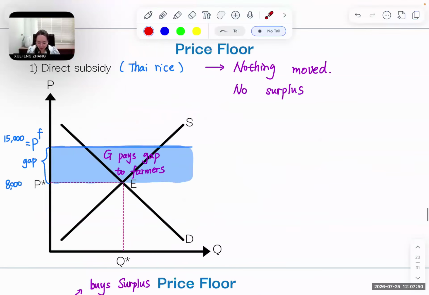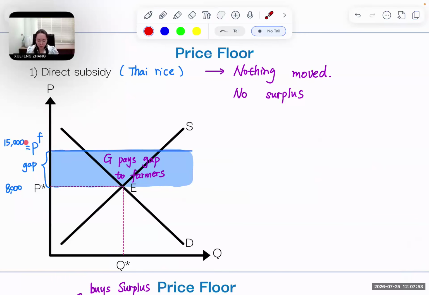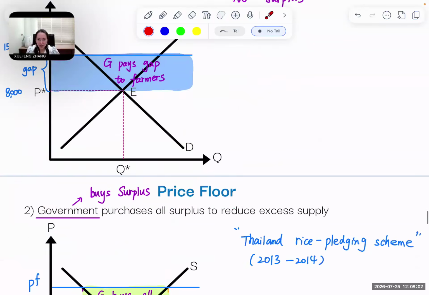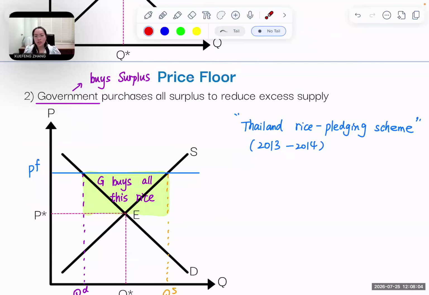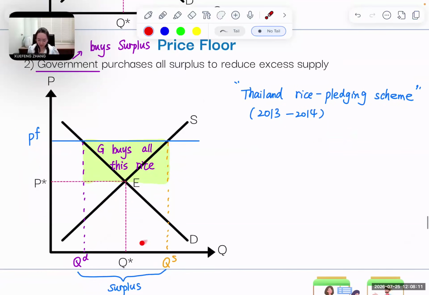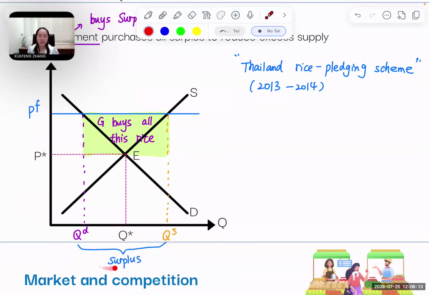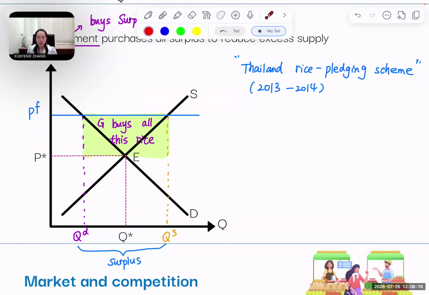Okay, subsidy hides the floor price from buyers. Market looks untouched. Surplus never appears, but government purchase makes the floor price real, which is where a genuine surplus forms. Okay, we have a genuine surplus, and the government has to physically absorb it. Same goal, very different bill.